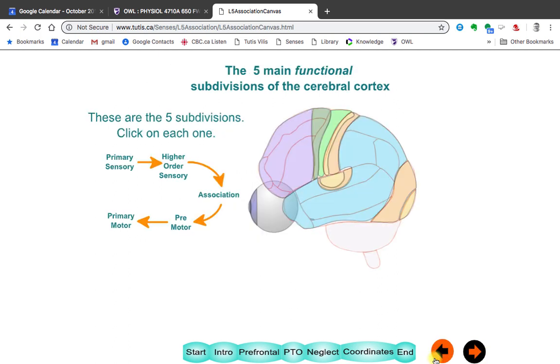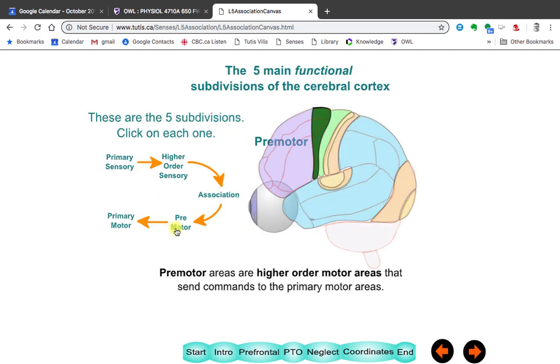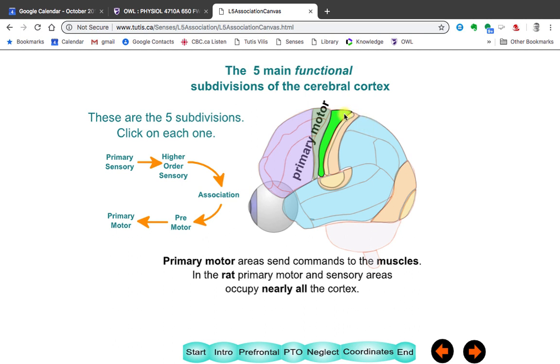So from the association areas, information then flows to the premotor areas, and then finally to the motor areas. Right here, this is where all your muscles get activated.